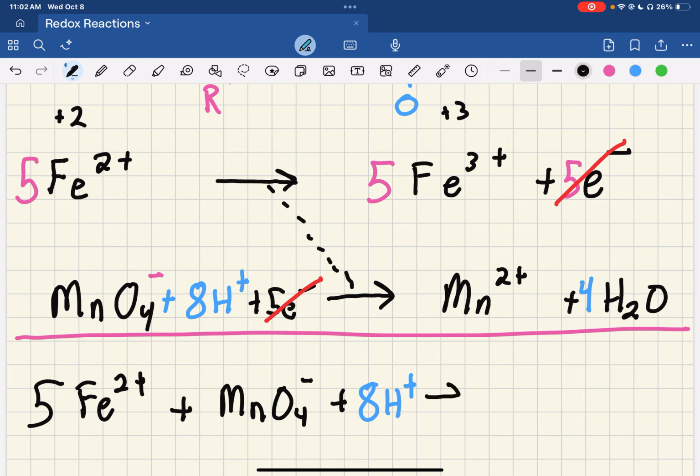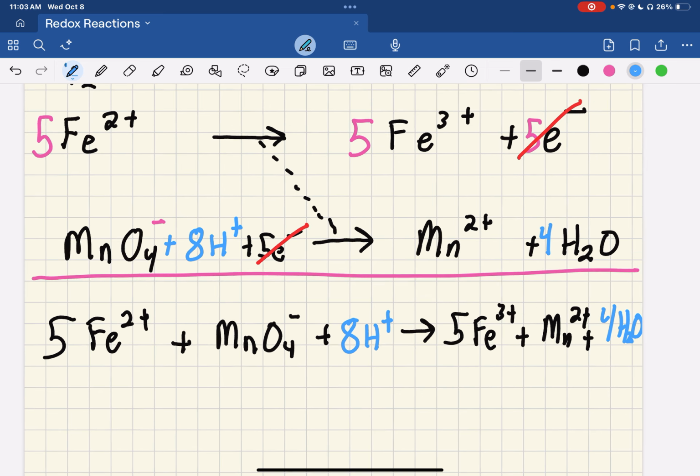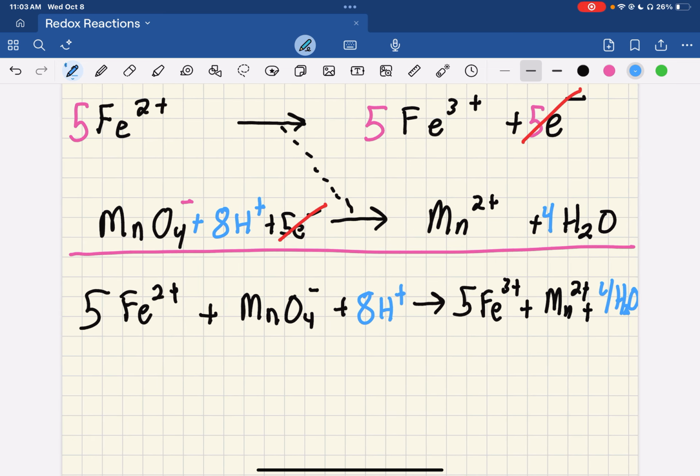And it will produce 5 iron 3 plus ions, plus 1 manganese ion, Mn 2 plus. And don't forget about our lovely waters that we made from this, 4H2O. And just like that, ladies and gentlemen, boys and girls, you have a balanced redox reaction in, wait for it, an acidic solution.